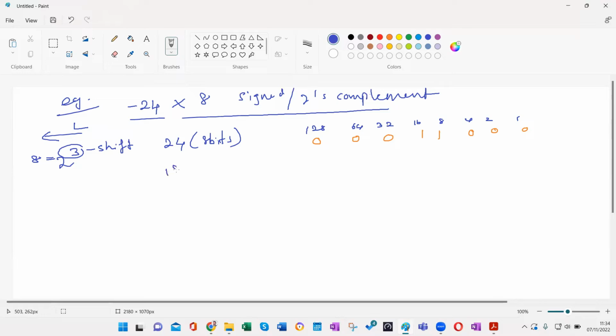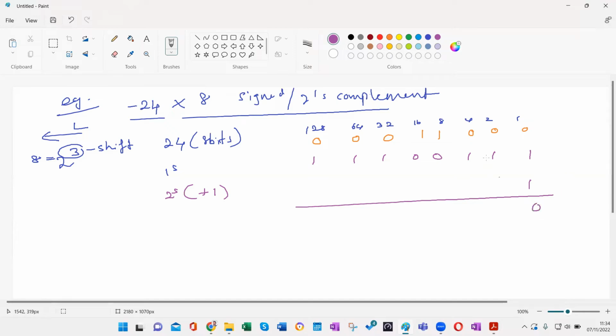Next, what is next? To convert this into 1's complement. How do you convert into 1's complement? By flipping the bits. Good. 1, 1, 1, 0, 0, 1, 1, 1. Now to 2's complement, you have to add 1 to it. 1 plus 1 is 2.